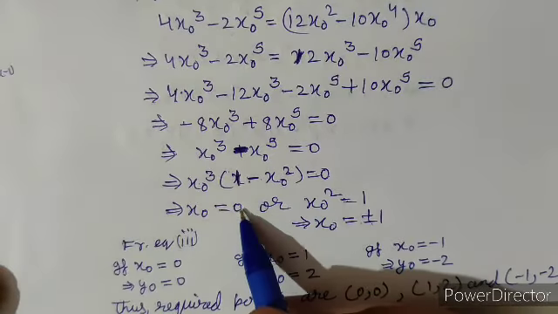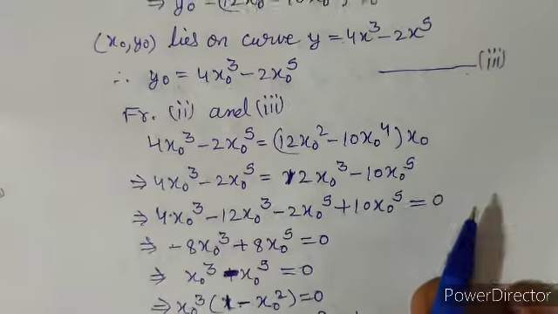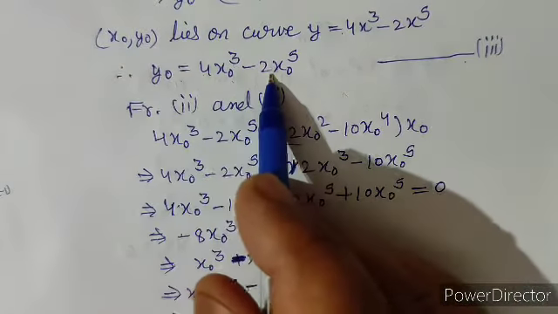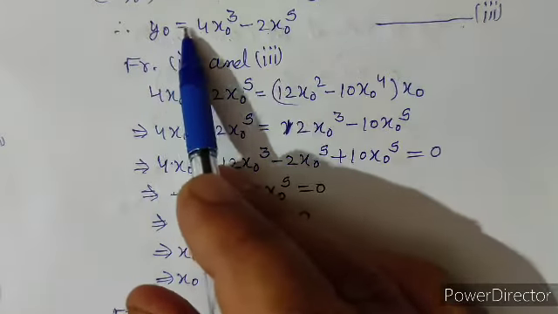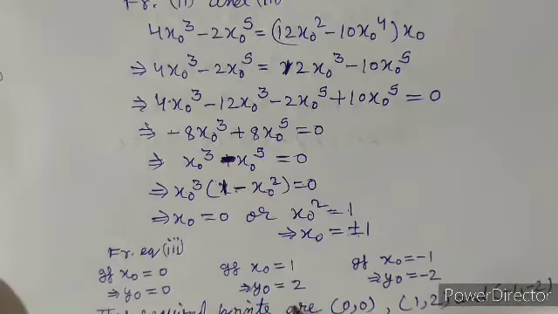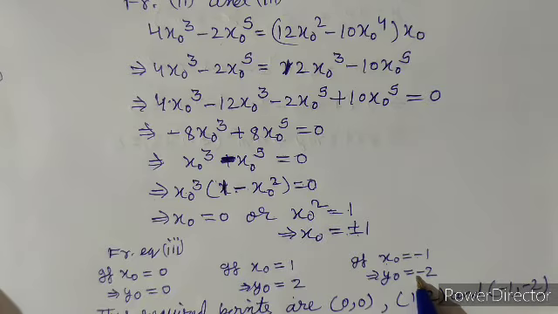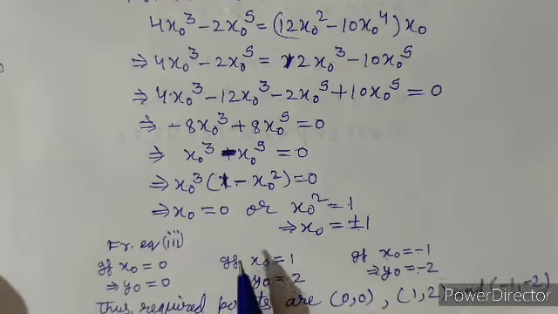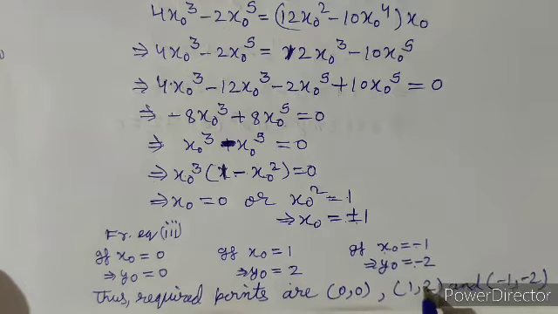Now if x0 equal to 0, then from equation third, y0 will be equal to 0. And if x0 equal to 1, then again from third, y0 will be equal to 2. And if x0 equal to -1, then y0 will be equal to -2 from equation third. That means the required points are (0, 0), (1, 2) or (-1, -2).